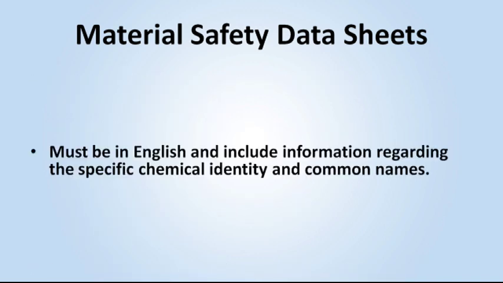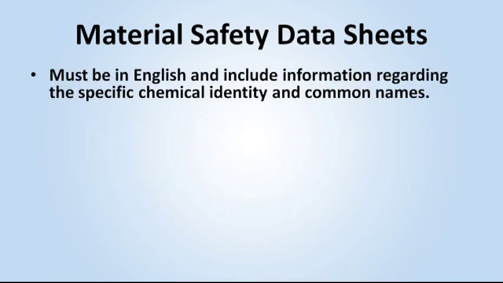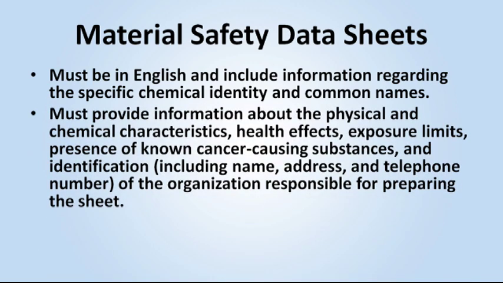The material safety data sheets must be in English and include information regarding the specific chemical identity and common names. Also, the data sheets must provide information about the physical and chemical characteristics, health effects, exposure limits, presence of known cancer-causing substances, and identification, including name, address, and a telephone number, of the organization responsible for preparing the sheet.